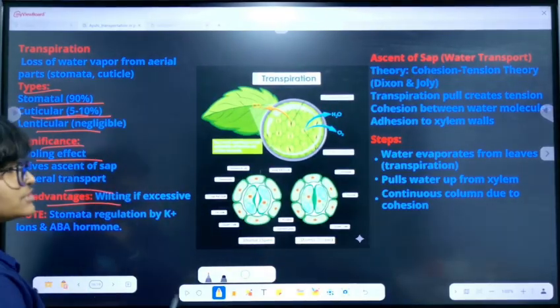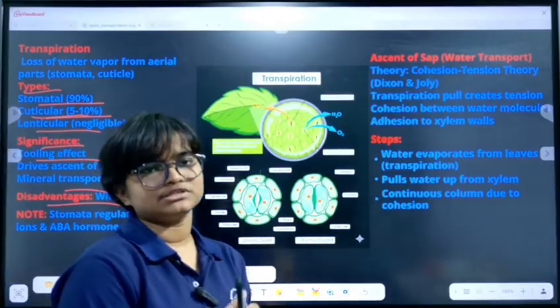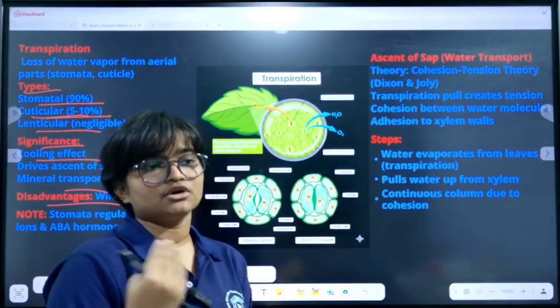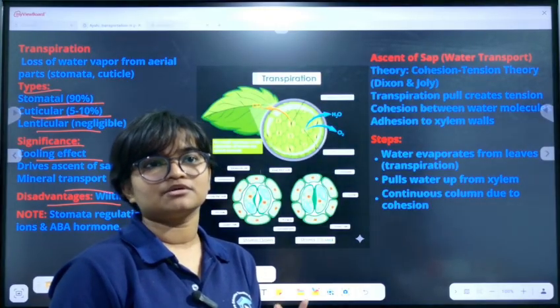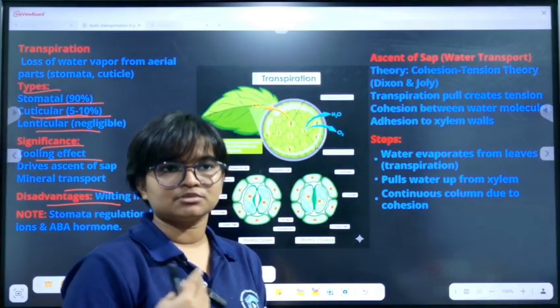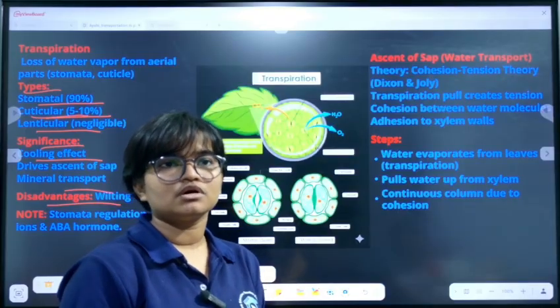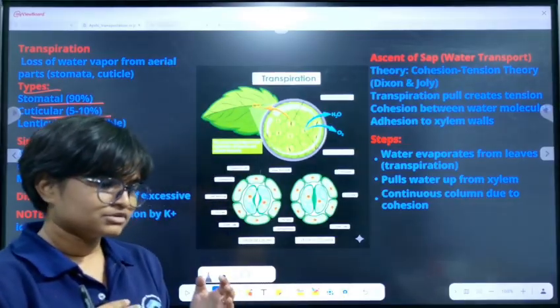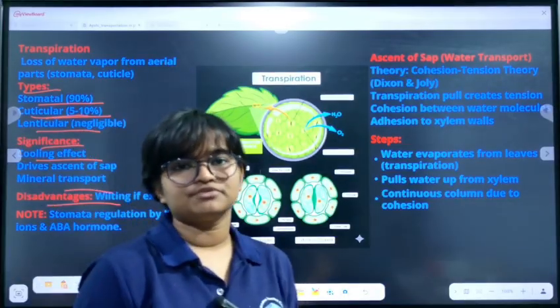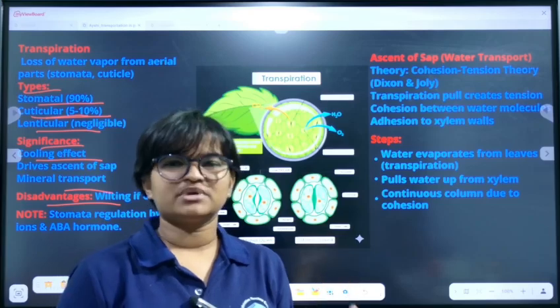What is the disadvantage? What happens in the case of humans when we sweat more? The water in our body decreases, which affects our daily movement. Sometimes we feel like vomiting, nauseous.